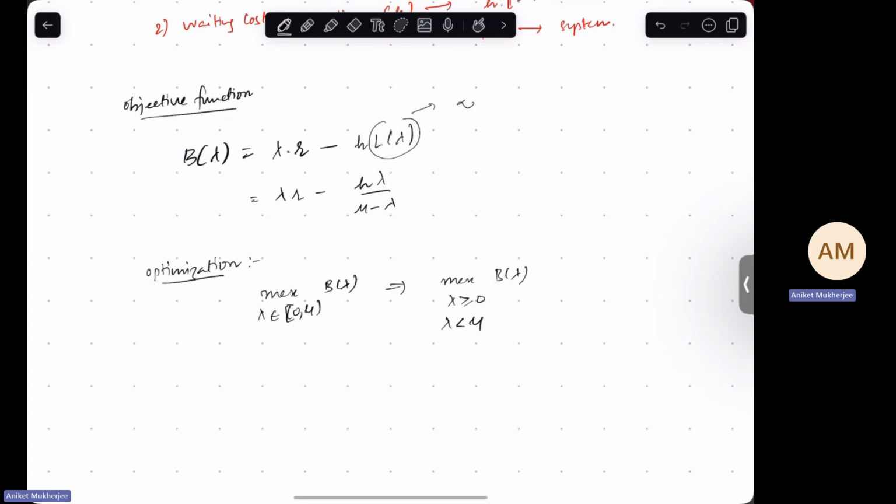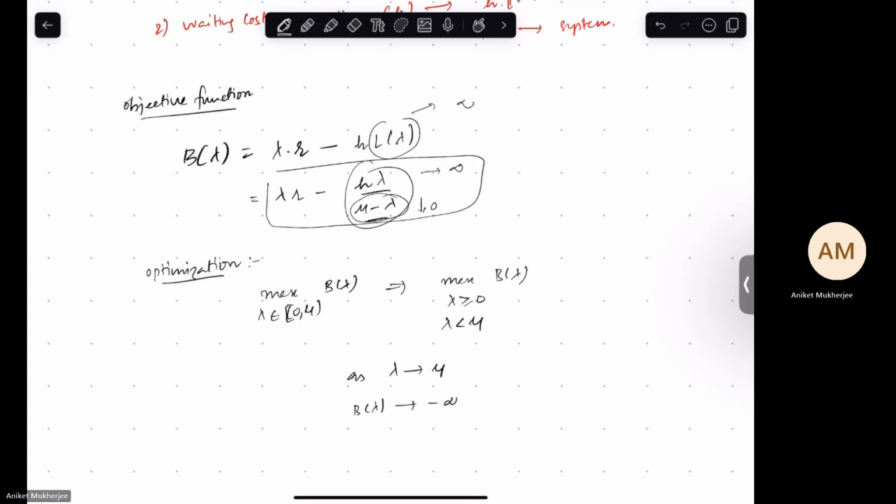So now as lambda tends to mu, we see that b lambda tends to minus infinity. As these both get closer, this term goes to 0, and as this term goes to 0, this whole term goes to infinity. So this whole term goes to minus infinity.